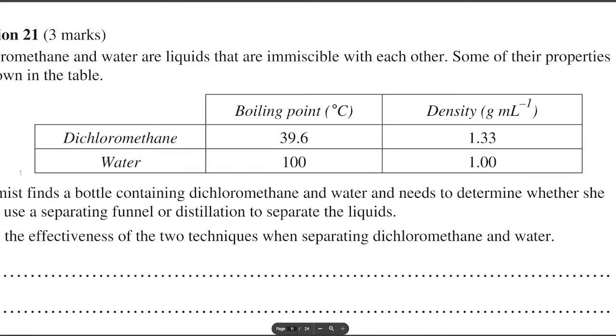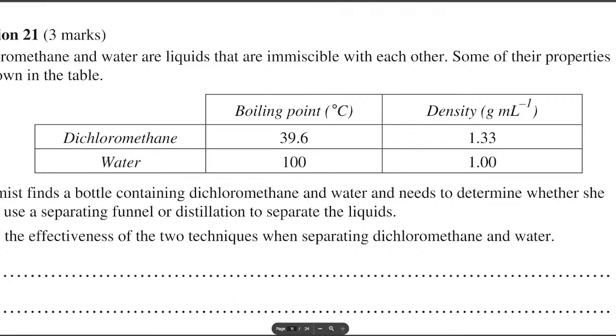Distillation, separating funnel. Okay. I like this question. I had a similar question a while ago. I don't know if it was the exam or the actual one, but I like this question because it's logic and not chemical formulas, which you just can't remember. So, this one, like boiling point, so you know distillation is boiling.